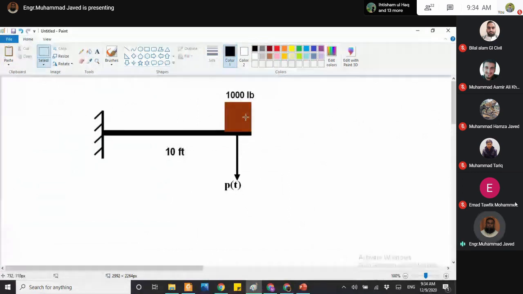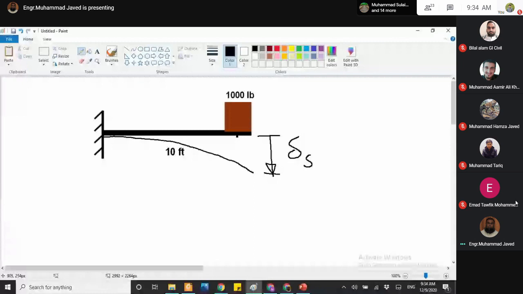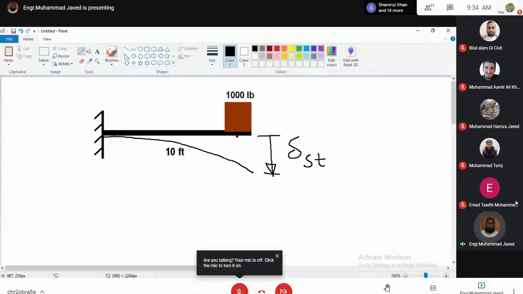When there is no dynamic force acting on the beam and only the gravity load of the beam is acting, the deflection will be due to only gravity load, let it be delta st, or deflection due to gravity load which is static.